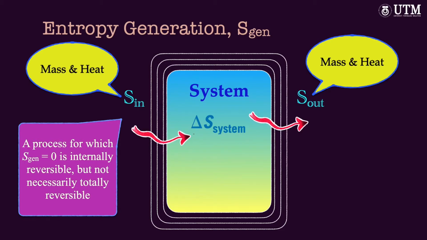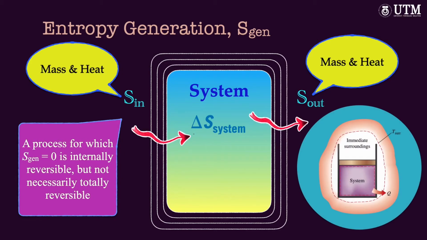The total entropy generated during a process can be determined by applying the entropy balance to an extended system that includes the system itself and its immediate surroundings, where external irreversibilities might be occurring, as shown in the given figure.